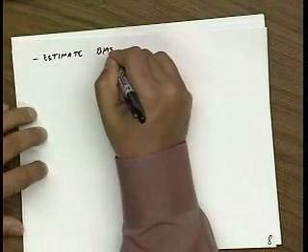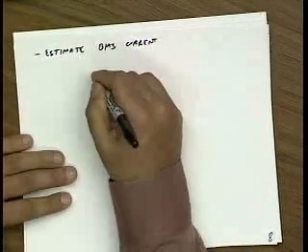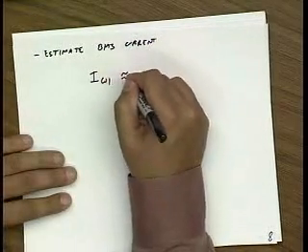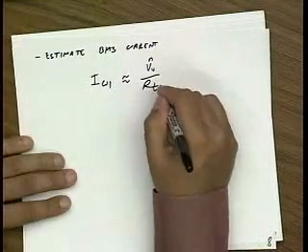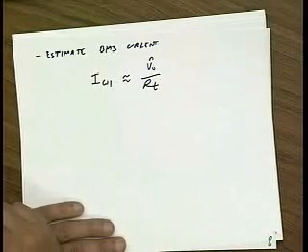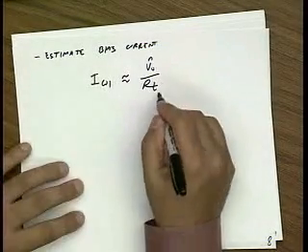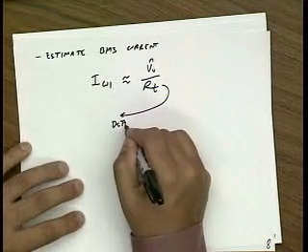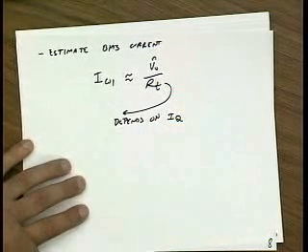bias current. And the reason you have to estimate this is there's a little bit of iteration. We know that the first harmonic current is roughly the desired amplitude over RT. But unfortunately, we don't really know RT because RT depends on IQ, right?